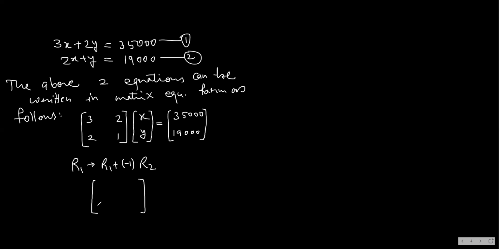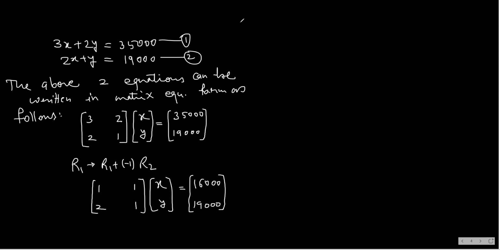In this, R1 will change. So 2, 1, multiply minus 1 added, so 1. Multiply minus 1 and added, so again 1. Then x, y, and here, when you multiply minus 1 and add, down you get 19,000, but up you get 16,000.